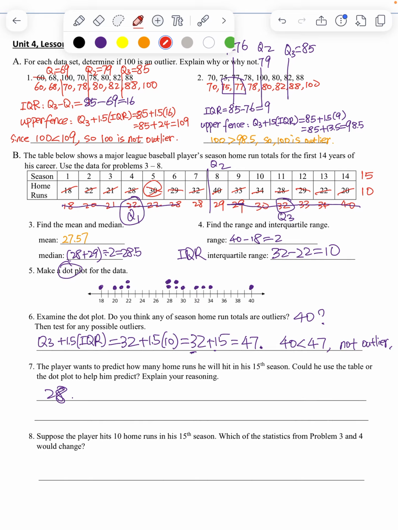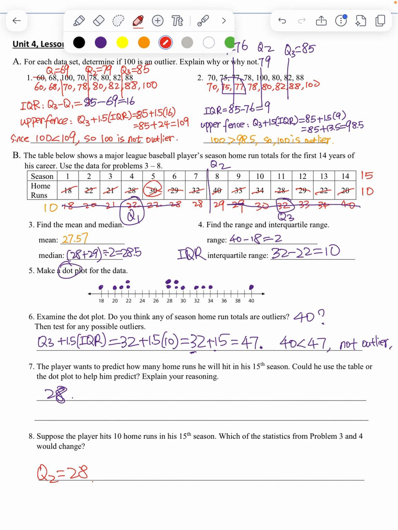If we rearrange it, I'm going to put 10 at the very beginning. And then the count becomes 15. So each side, I cross out 7 numbers. 1, 2, 3, 4, 5, 6, 7. 1, 2, 3, 4, 5, 6, 7. So the median becomes 28. So Q2 will become 28.